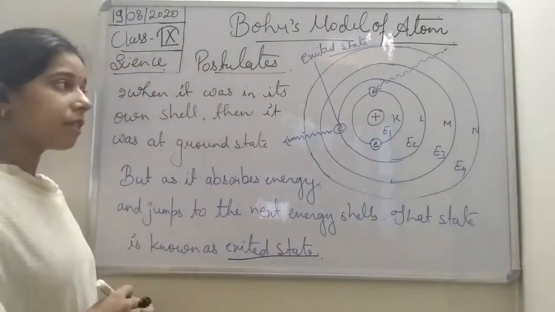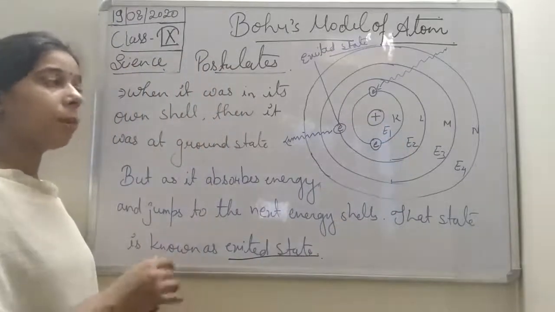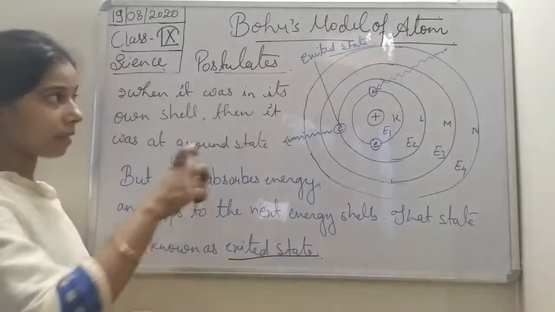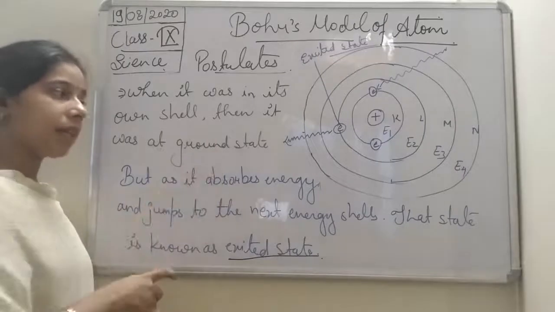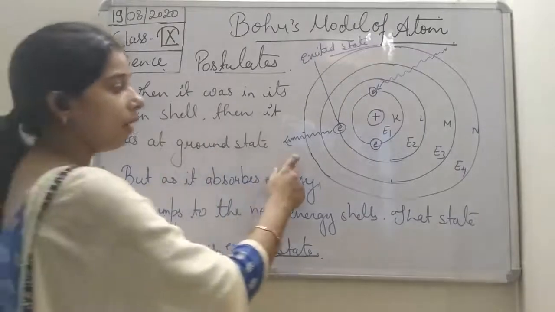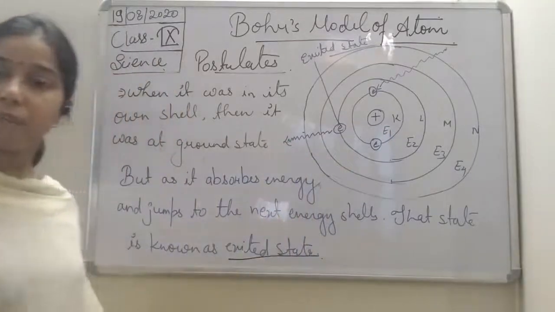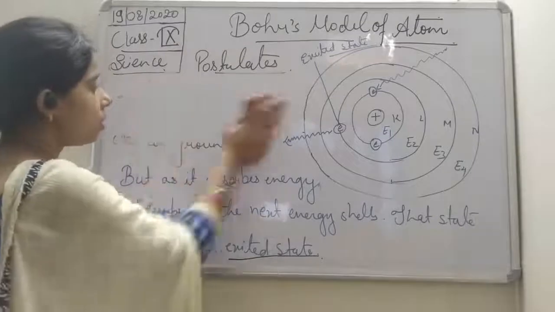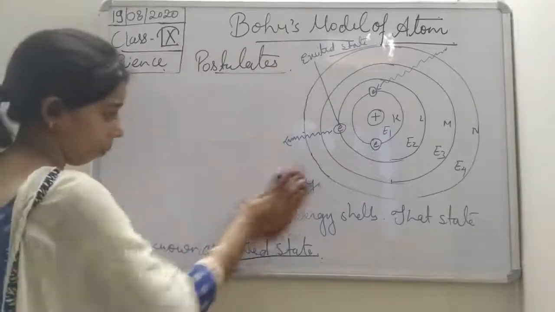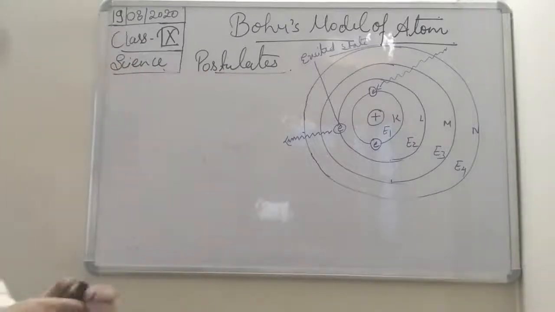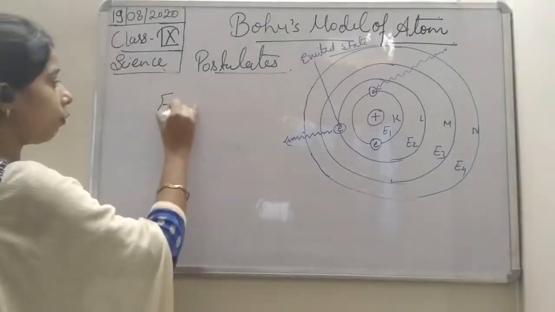So at first it absorbs the energy, jumps to the next energy shell, and becomes excited. And the excited state is an unstable state, so it will lose energy, and as it loses the energy, it will go back to its own state. So you see here, students, that before that it was E2.